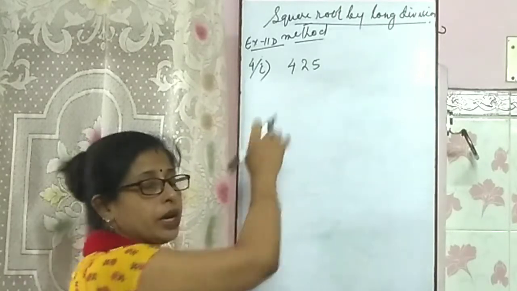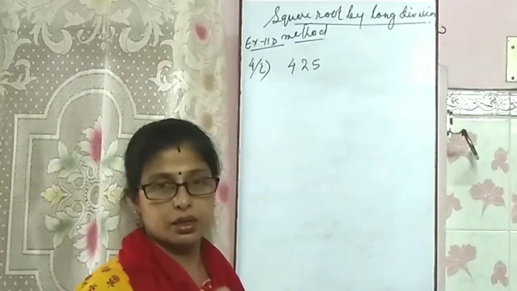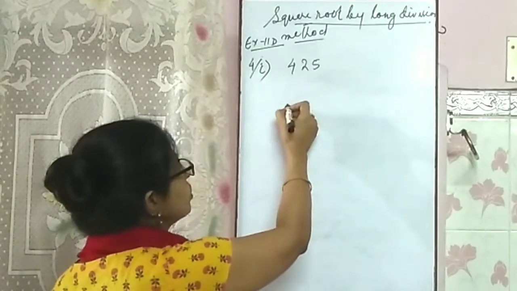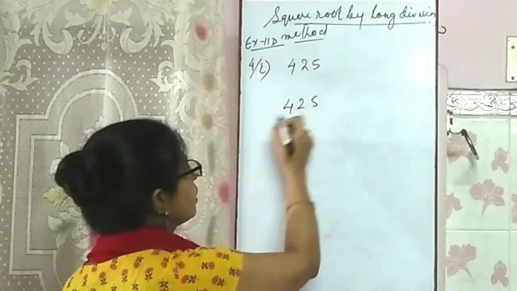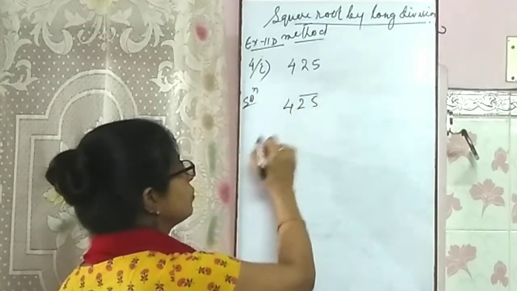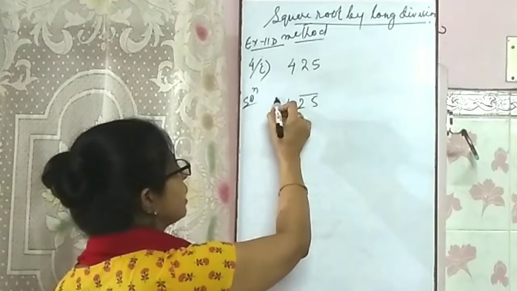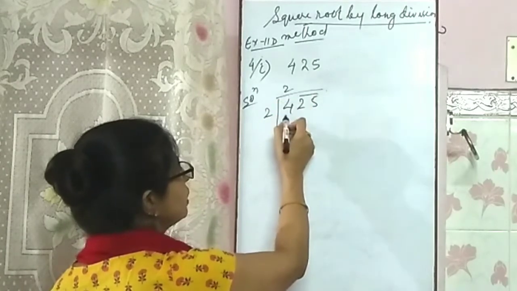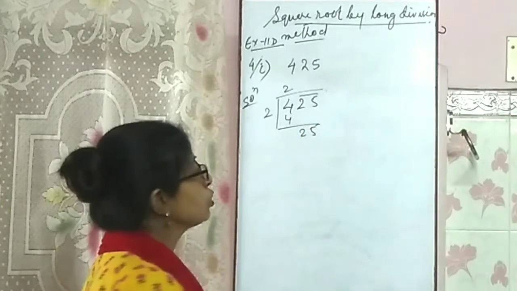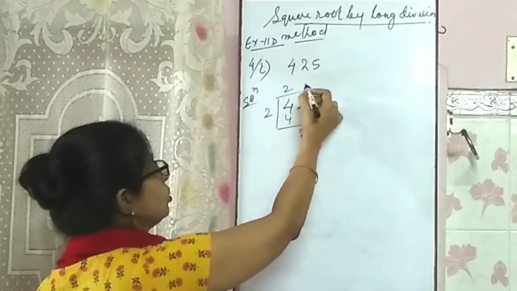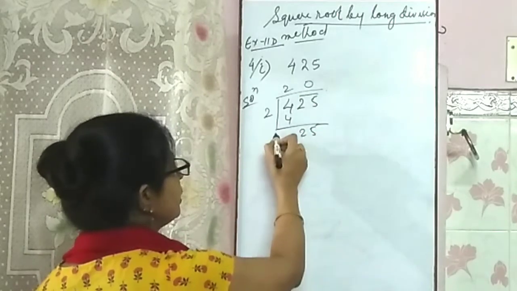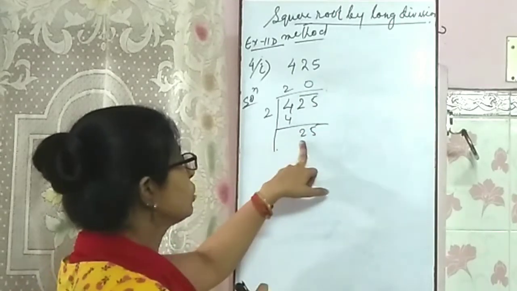You are asked to find the number which would be added to this to make it a perfect square. So the first step is to try to find the square root. Here we have made a pair, 4 is left alone, so for 4 we will give 2 times. Now 25 comes down. For 25 it is not divisible, so what shall we do? Here will be a 0. Now the remainder comes 25.